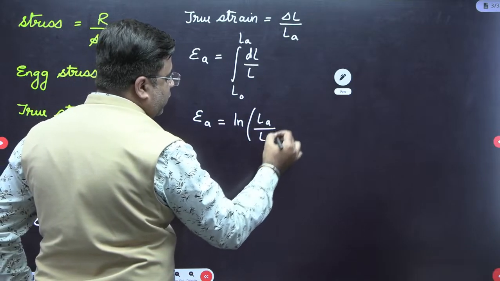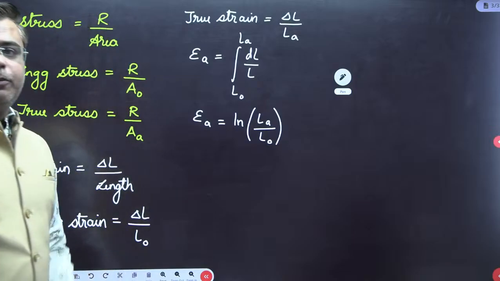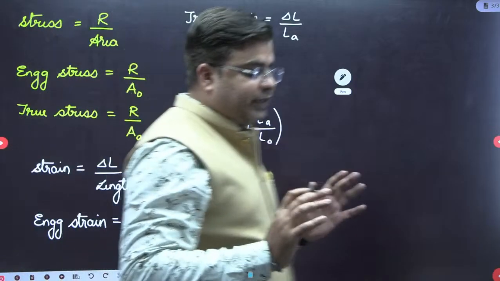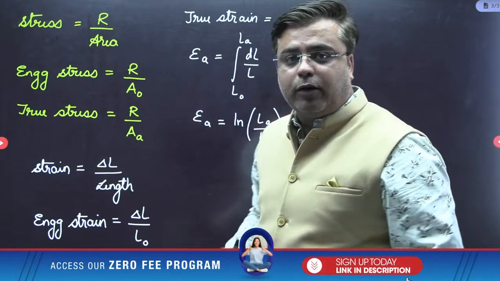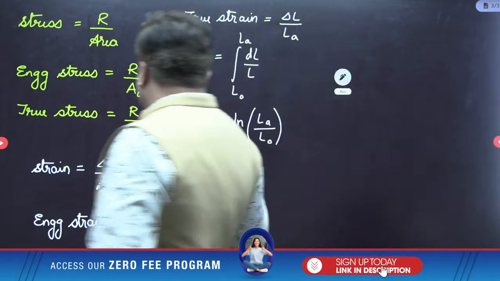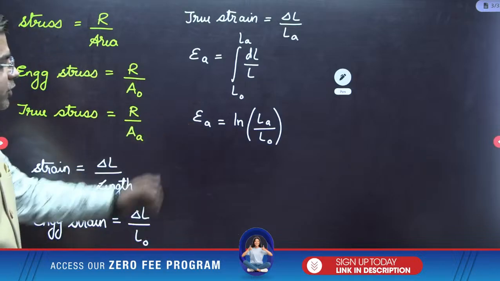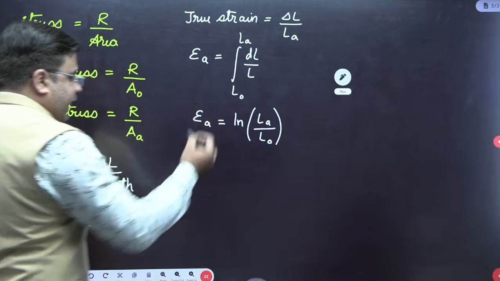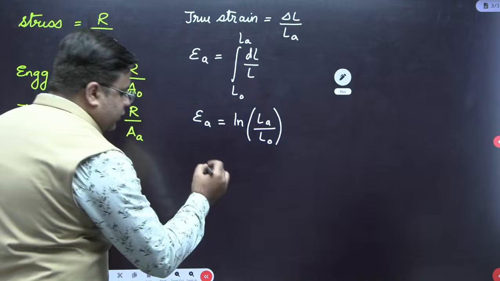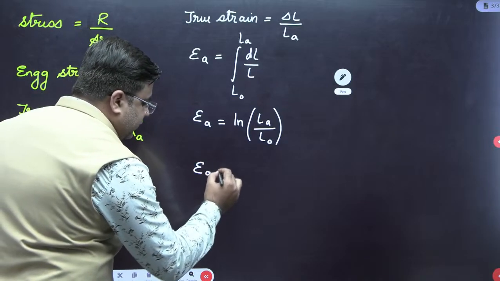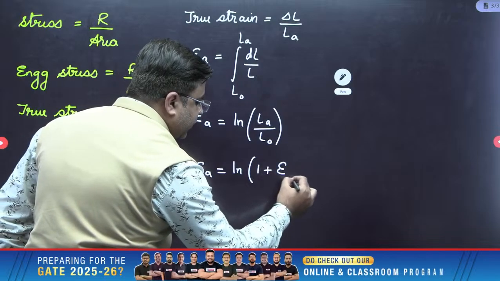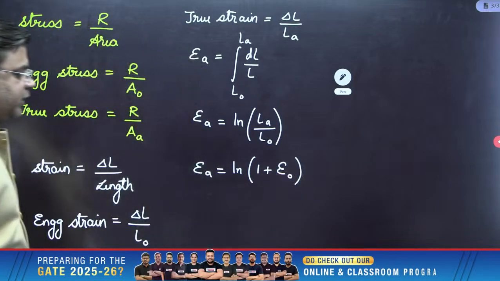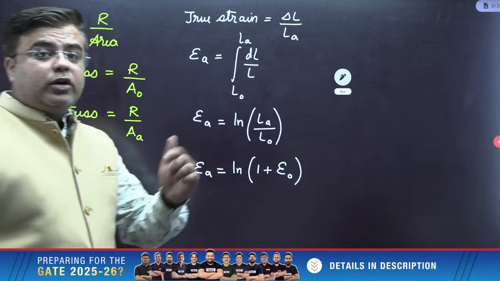While I am writing all the formulas, you also keep on writing with me, right? Don't sit and relax. Just keep on working with me so that even you can prepare this formula sheet in very less time. So this is another expression for your actual strain. There is one relation between actual strain and your engineering strain. Actual strain is equal to natural log of 1 plus your engineering strain, where epsilon naught is your engineering strain and epsilon A is your actual strain.